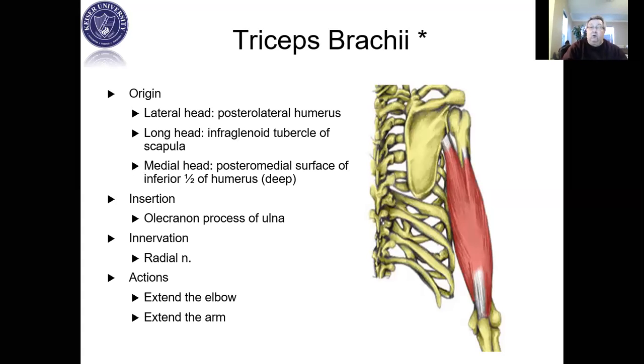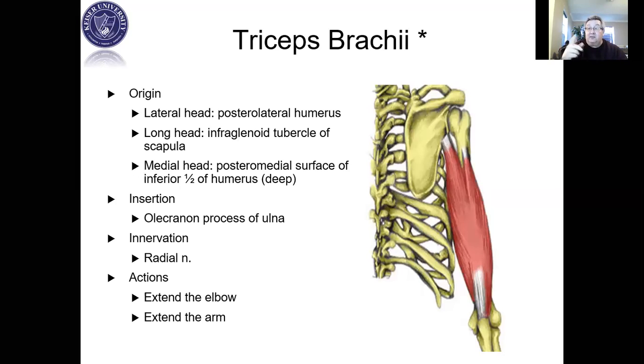So again, when we're talking about the triceps, you've got to know the long head has its origin at the infraglenoid tubercle of the scapula, just below the glenoid fossa. The next muscle is above the fossa.